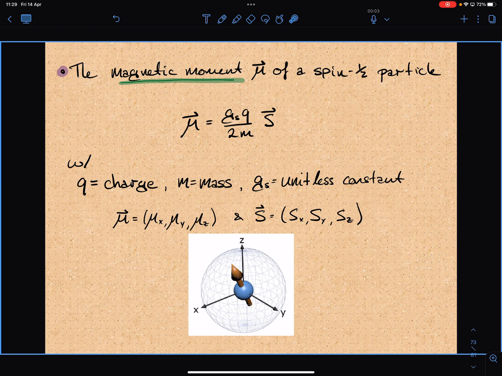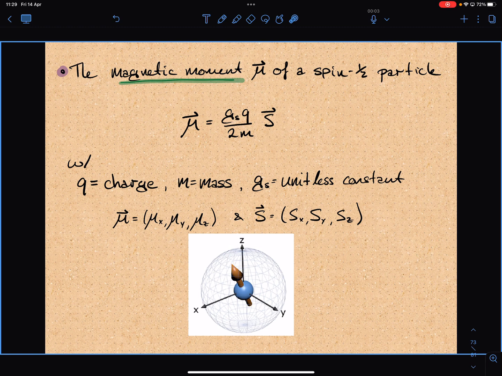You can think of it as a magnet pointing in a specific direction in 3D space, and this is essentially what spin is telling you, the direction that this magnet is pointing.